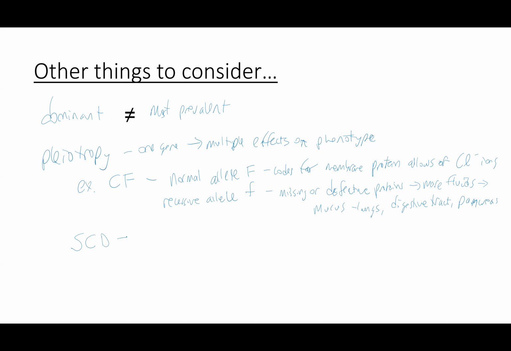Another example is sickle cell disease or sickle cell trait, and we'll talk about that. This is more common in African populations, so it affects about 1 in 400 African Americans, which is a significantly larger number than cystic fibrosis. And again, it's a pleiotropic effect where this one gene has multiple effects on the body.